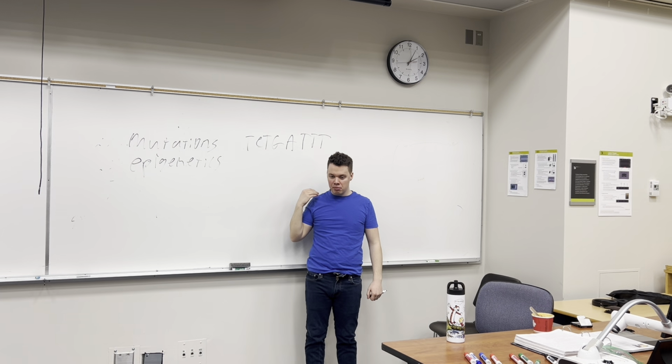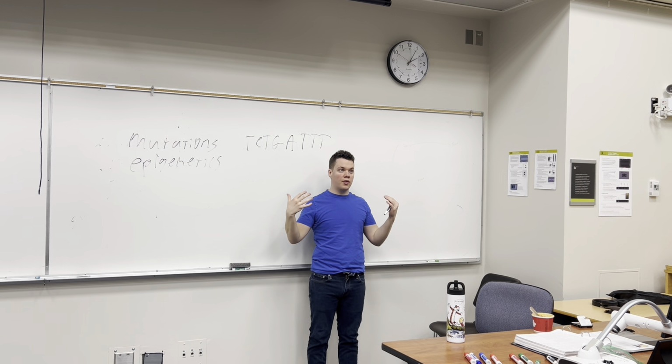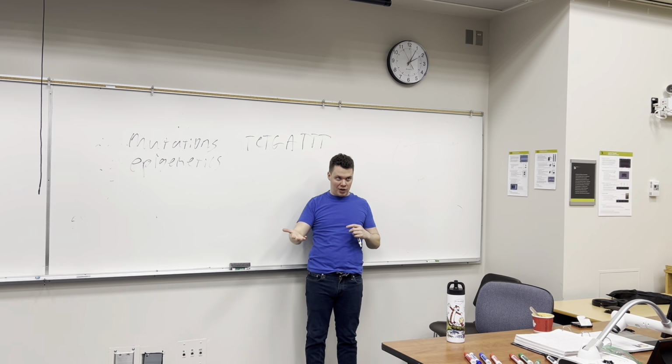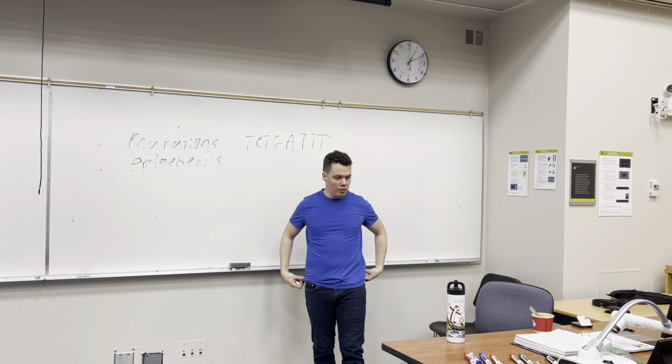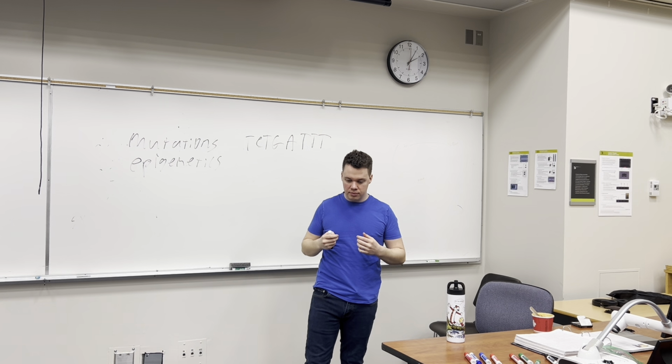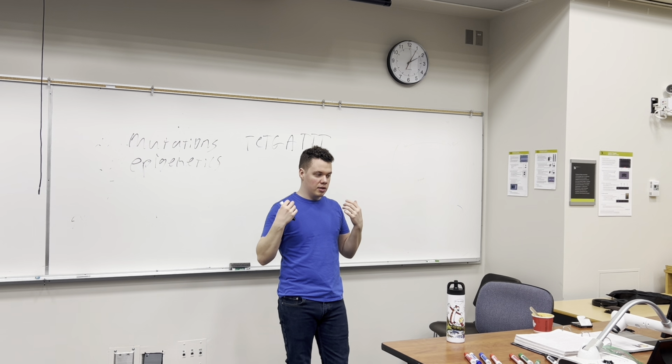Epigenetics is where the genes don't change, but how they're expressed changes. Different stressors in the environment can lead to the genes expressing themselves in different ways. The example I gave was people who were exposed to the Dutch famine, so hunger.